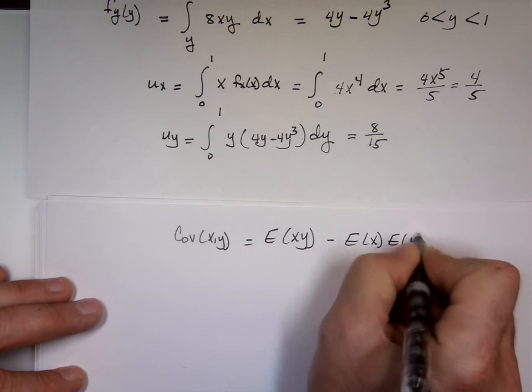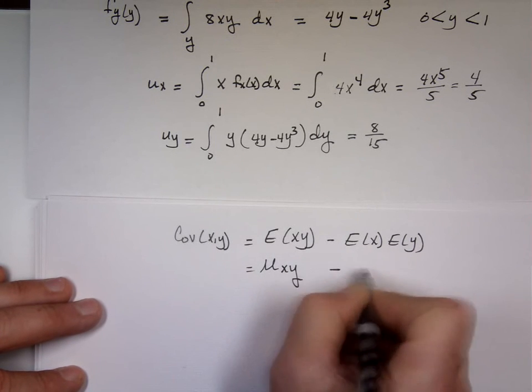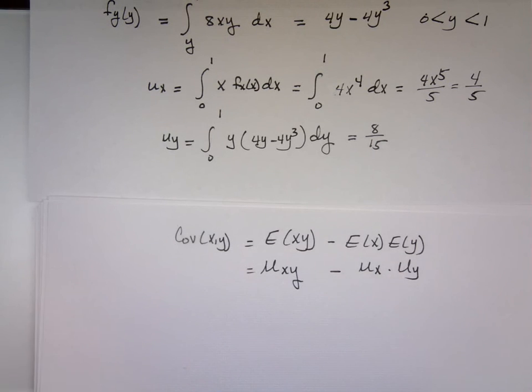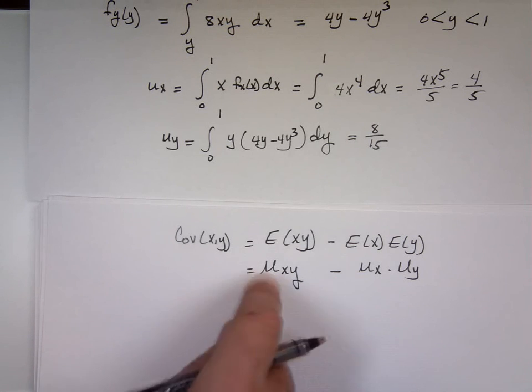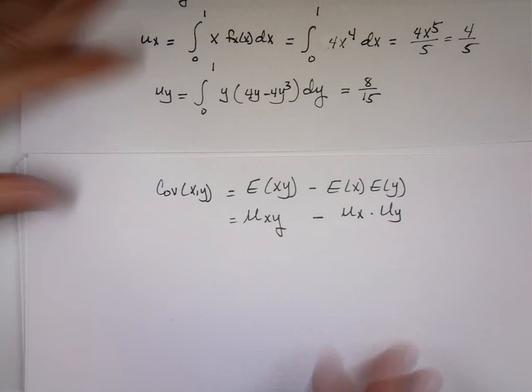That is really mu xy minus mu x times mu y. I have these two, I got them right there. I need to get mu xy. What's mu xy?